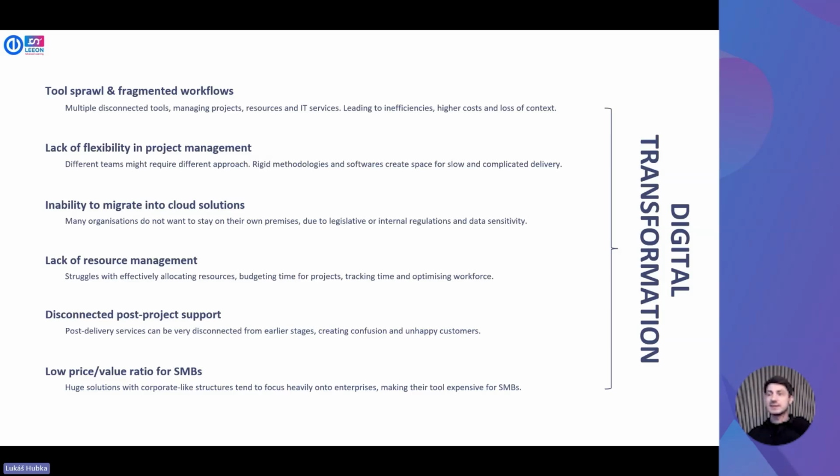Lack of resource management, disconnected post-project support, or the overall low price for value in SMBs. A combination of those tends to be the starter for an Easy Redmine evaluation or some kind of digital transformation in general.